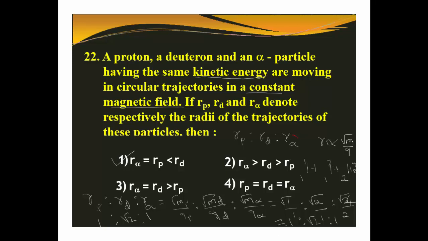With this calculation we got the ratio 1 is to root 2 is to 1, so Rp is 1, R alpha is also 1, they are equal. Rd is root 2, greater than Rp and R alpha. So the first option is the correct one.